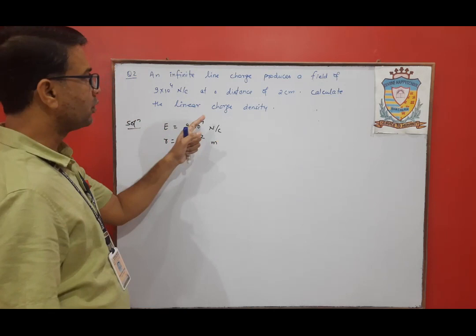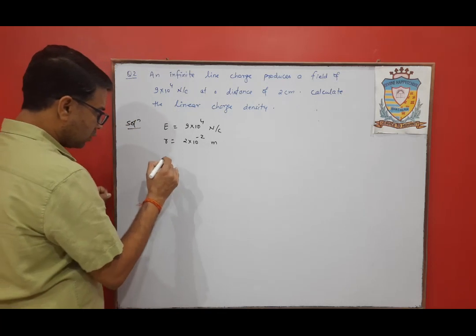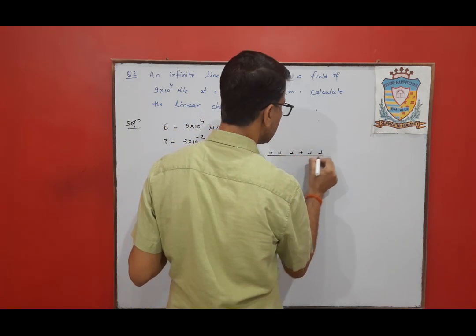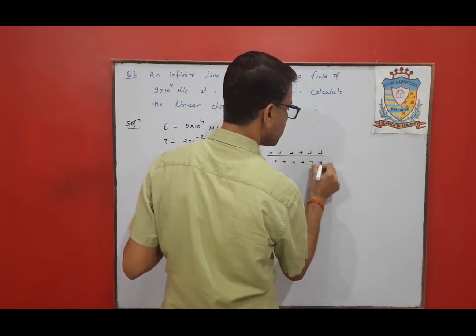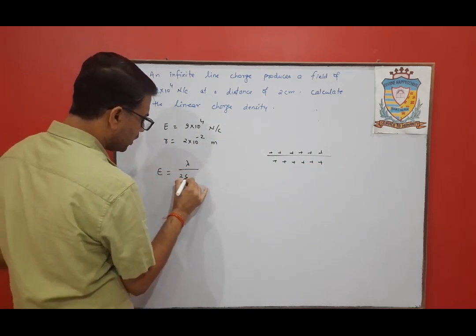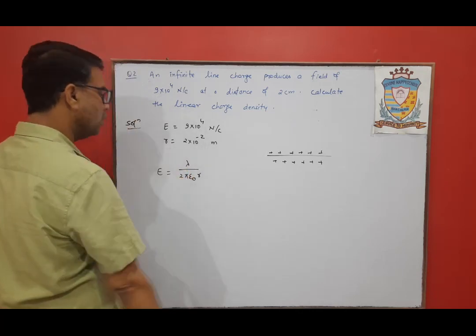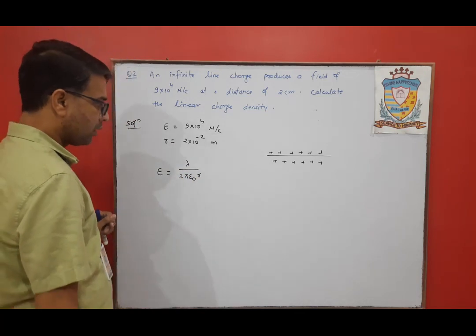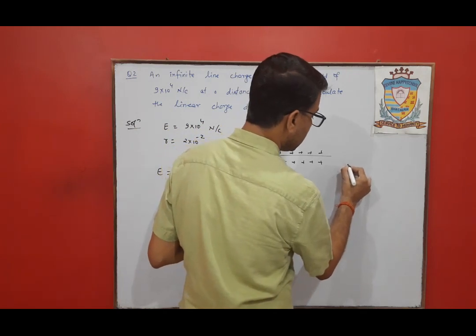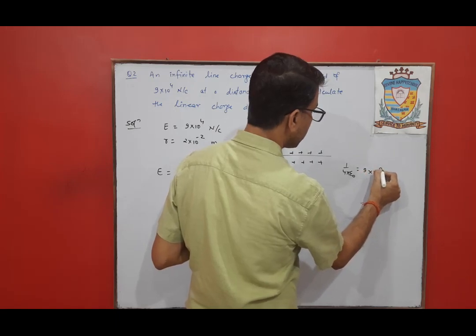Now what we have to calculate is the linear charge density, that is lambda. We know that the electric field intensity due to any line charge is E equals lambda upon 2 pi epsilon naught r. To simplify, we have the value of 1 upon 4 pi epsilon naught as 9 into 10 to the power 9.